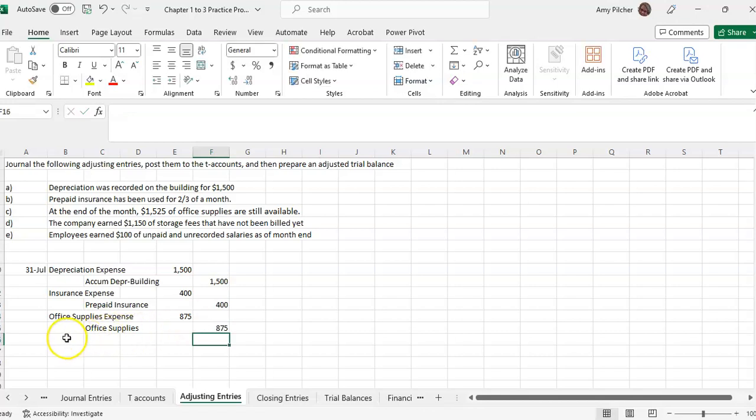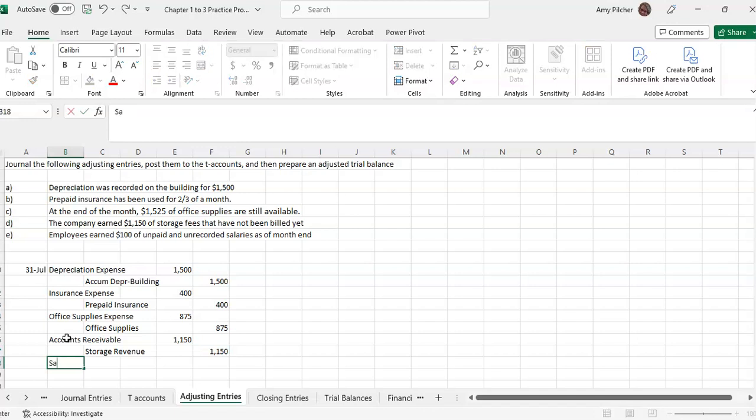Okay. Then we have revenue that we earn that hasn't been billed. So we're going to have an accounts receivable of 1,150, and we have storage revenue of 1,150.